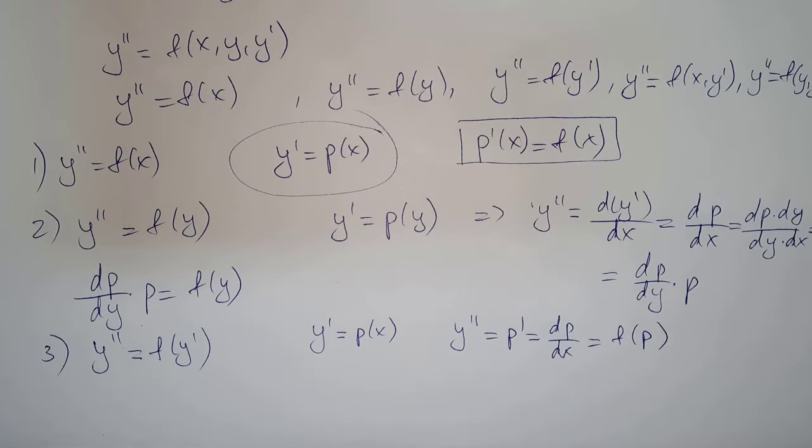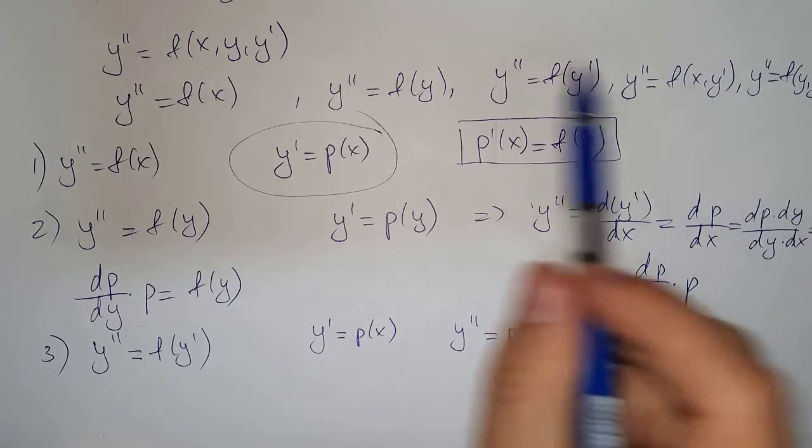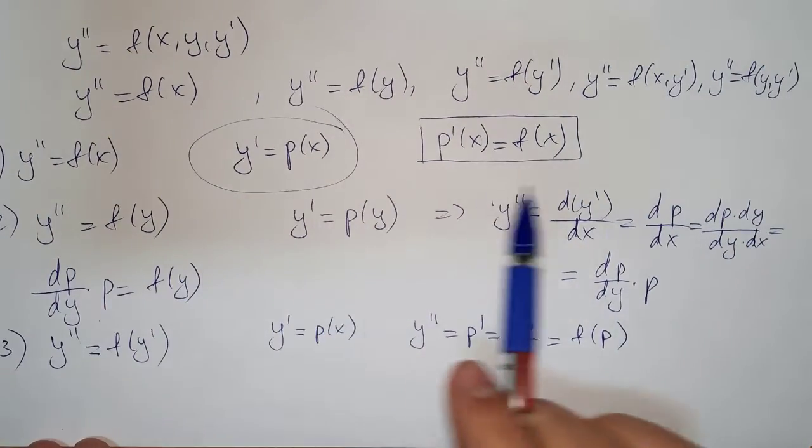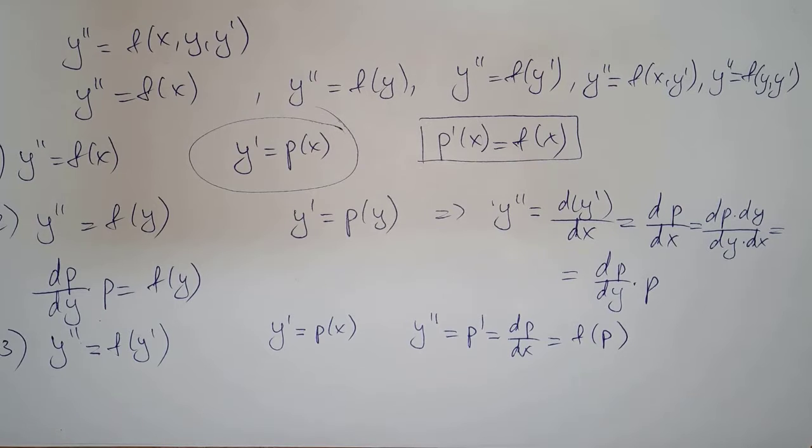By this way, we can easily solve these 5 types of incomplete differential equations. This is not complete, this is incomplete. For this kind of equations, we can reduce the degree of our equation to the first order. Okay, so this is the third case.